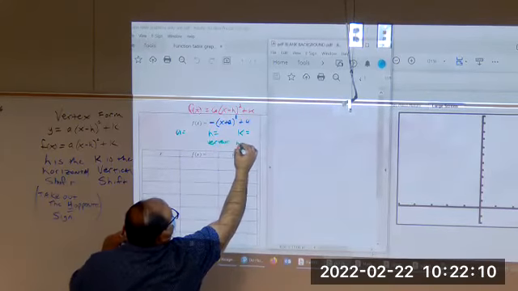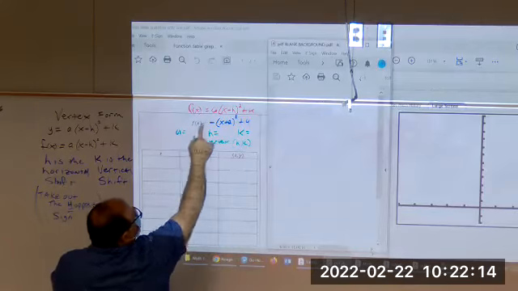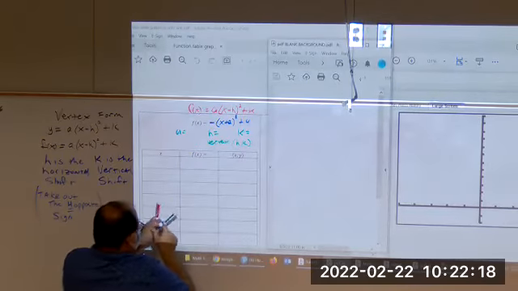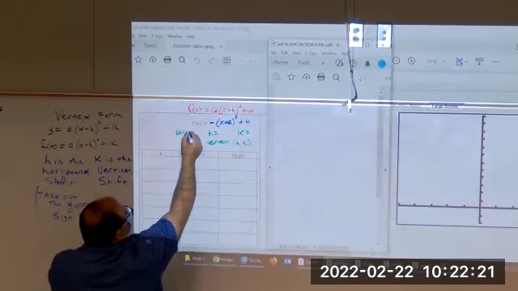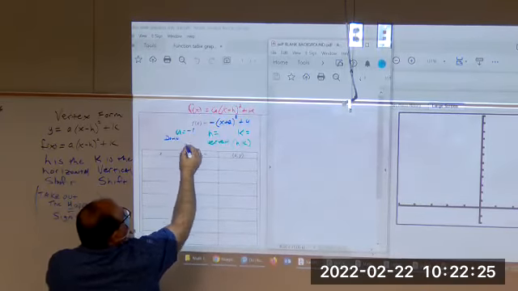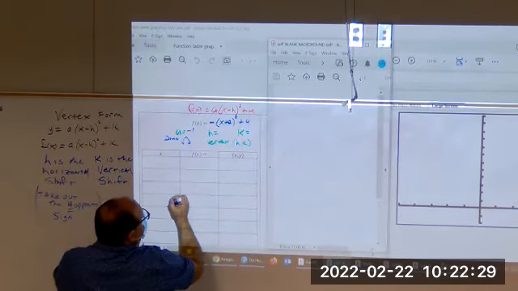So what's the a in front of our square? -1. So a is -1. As soon as I see it's -1, it's going to go down. I want to make sure I get my brain right. It's going to go down like that.